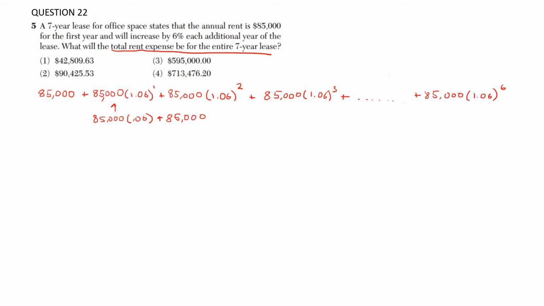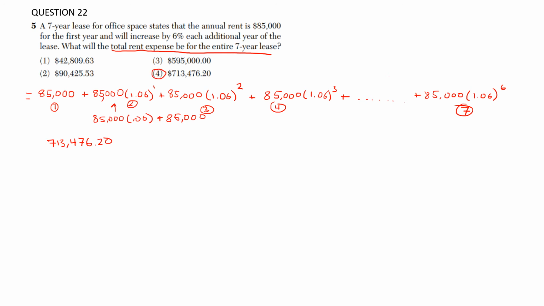So this would be year 1, year 2, year 3, year 4, and 5, 6, 7, right? You can also see that this is a geometric series. We can either add it up this way and grab our answer from there, which when we add it up, we get $713,476.20.